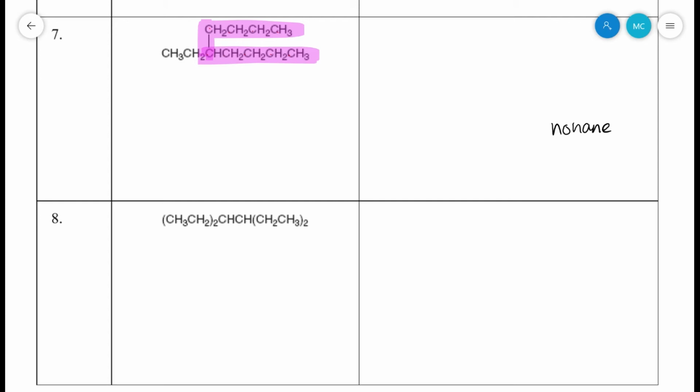And the way you number the atoms, it doesn't matter if you start from the top or from the bottom, you will hit this carbon as carbon number 5. So on carbon number 5, there's an ethyl group. So 5-ethylnonane. Okay.